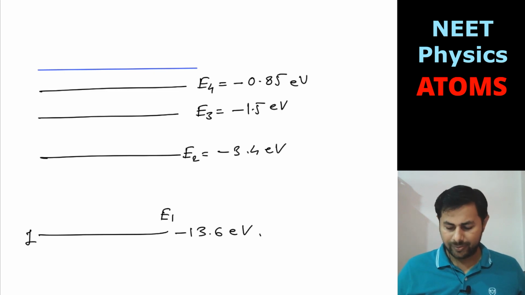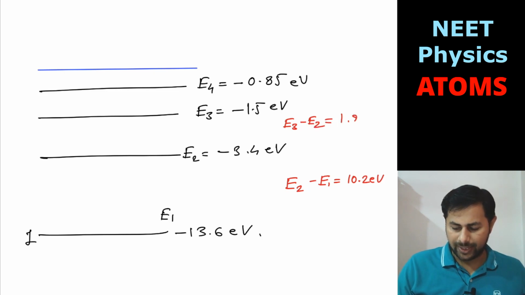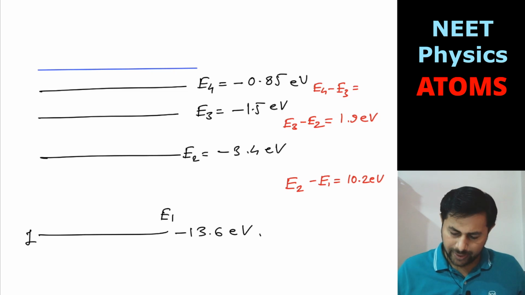Right? So the energy difference between nearest states: E2 minus E1 is equal to 10.2 eV. E3 minus E2 is equal to 1.9 eV. E4 minus E3 is equal to what? 0.75 or something like that.